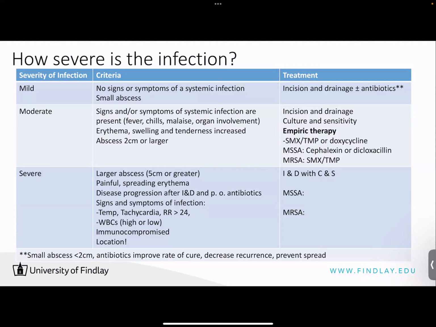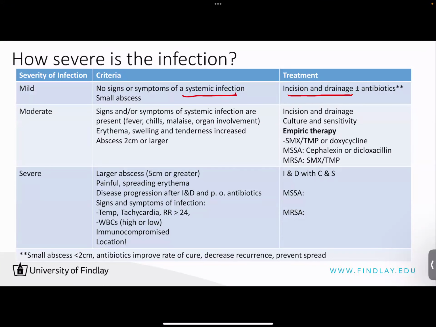If you have an otherwise healthy college-age student like yourselves, and you have that bump and a mild fever, 100 degrees or so, to me, that's a mild infection. Even though you're febrile, that's still mild because you're in good health. You have no comorbidities and no other risk factors. Mild infection.